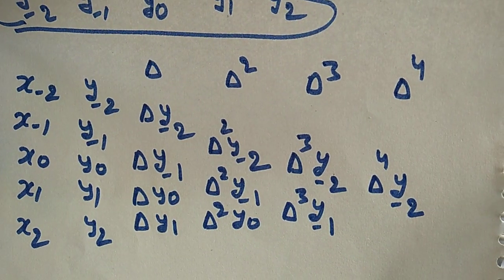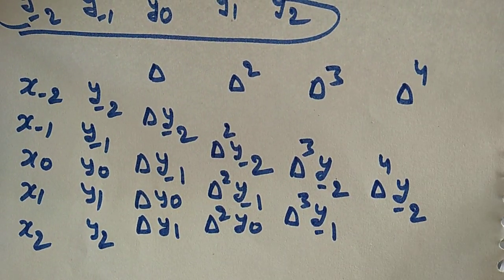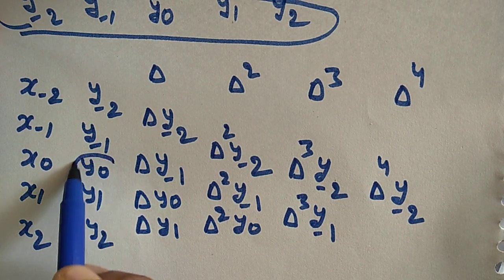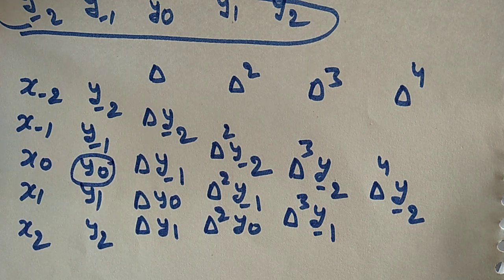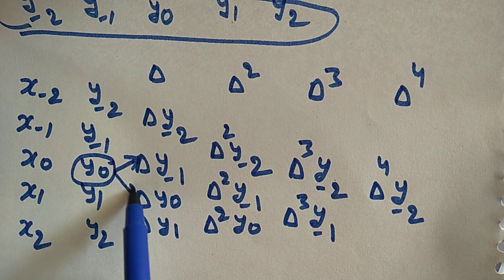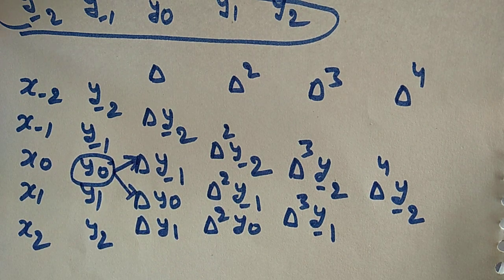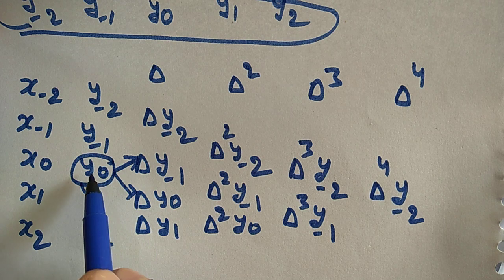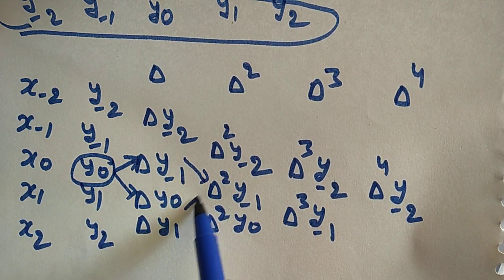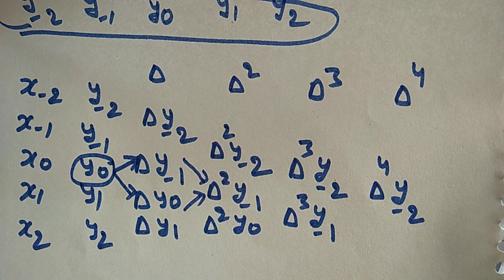Now we'll write the Stirling formula based on this table. That is very simple. The first term will be y0 in the Stirling formula, and the second term will be the average of these two terms. After that, again we will have a third term, delta square y minus 1.